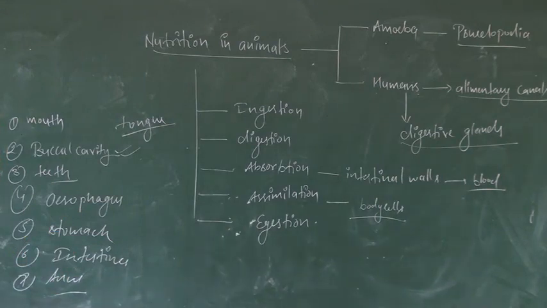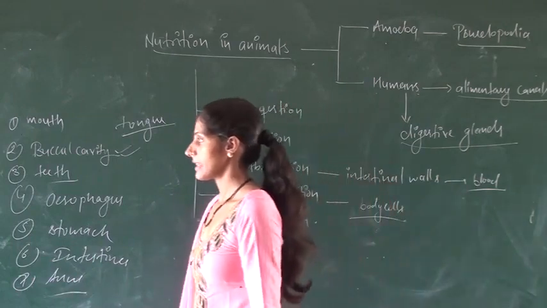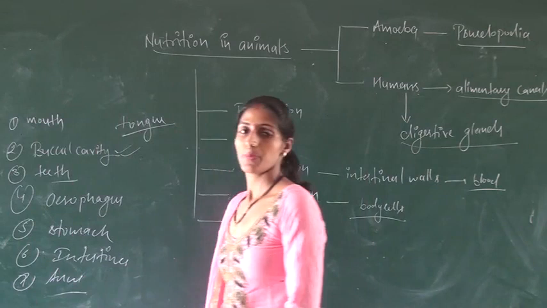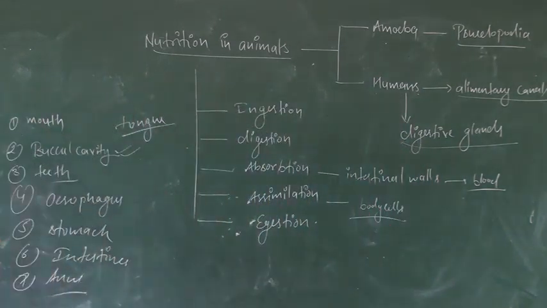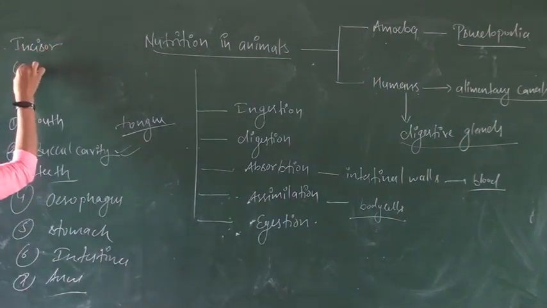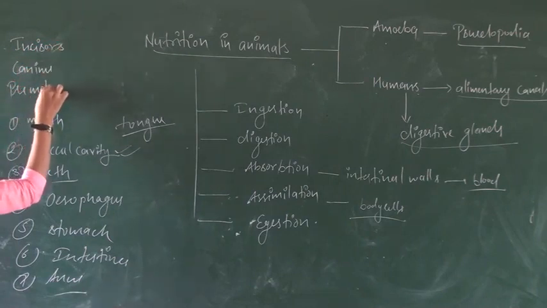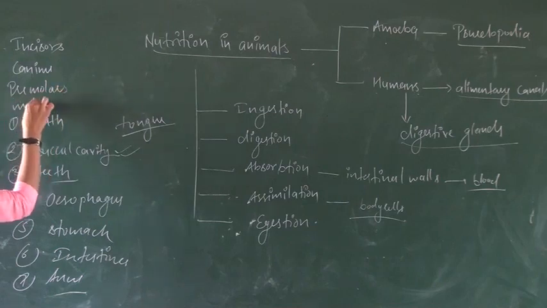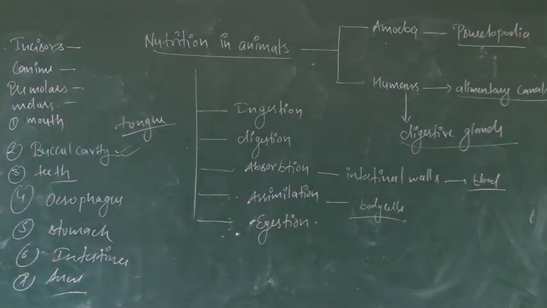There are four different types of teeth present in humans: incisors, canines, premolars and molars. These are the four types of teeth. Incisor teeth are used for cutting.